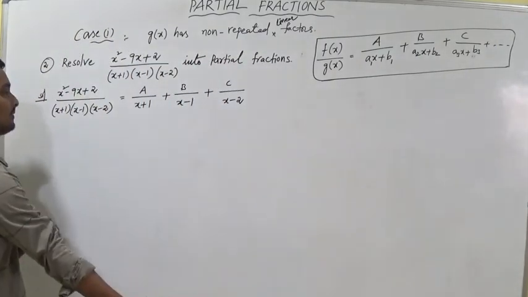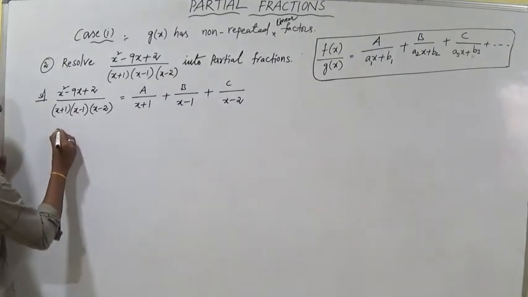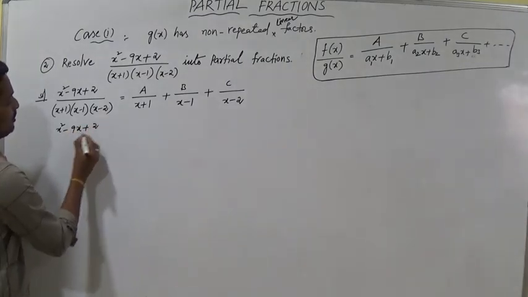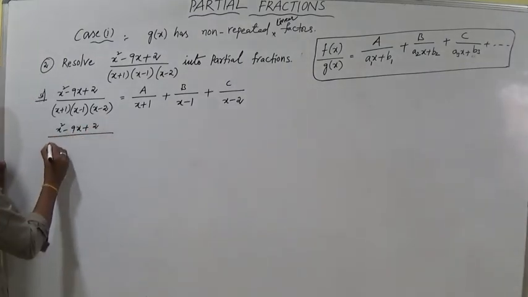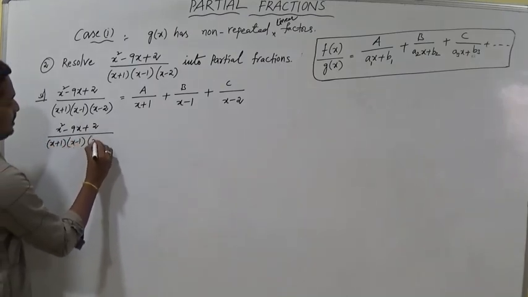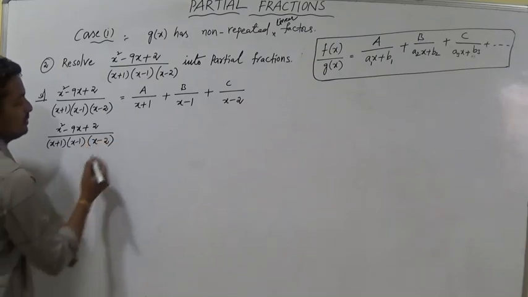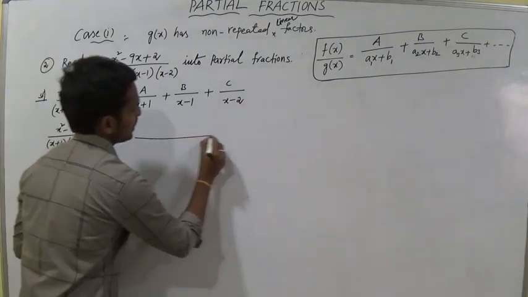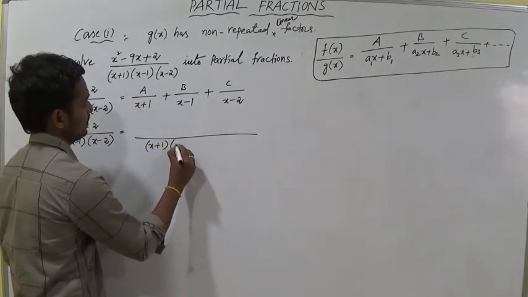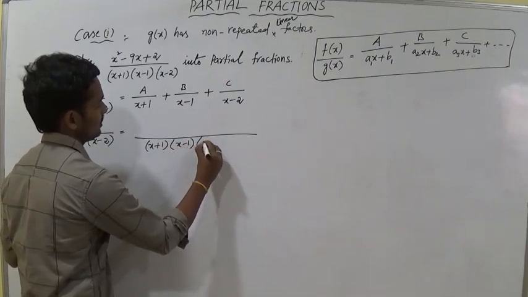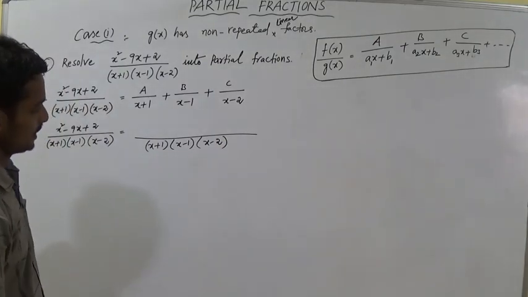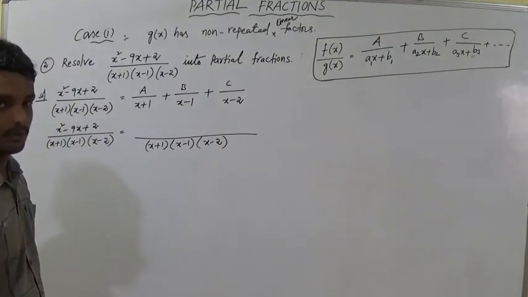So, if you understood the first problem, the RHS is x square minus 9x plus 2 by x plus 1 into x minus 1 into x minus 2, which is equal to, what is the LCM? The LCM is x plus 1 into x minus 1 into x minus 2. What is in the denominator? x plus 1 into x minus 1 into x minus 2.